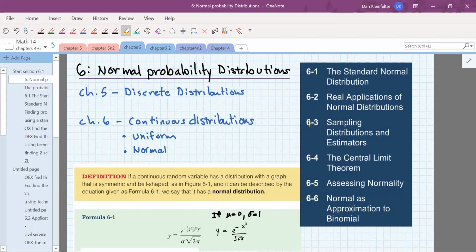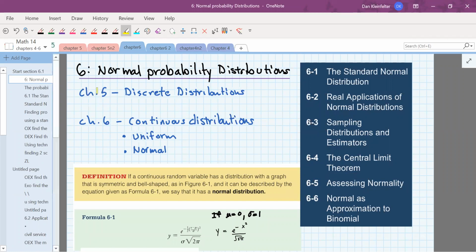And then the rest of it from here gets a little bit more specific. We'll deal with section 6.3 and 6.4 when the time comes. Section 6.5 is about how do you tell if a distribution you have is normal or pretty close to normal. And then finally, section 6.6, we'll see how we can use the normal distribution to approximate the binomial distribution that we studied in chapter 5.